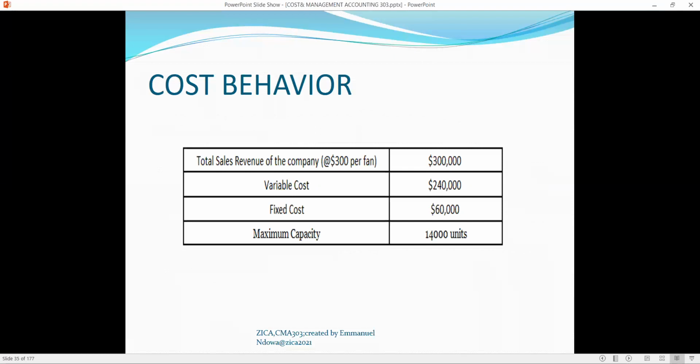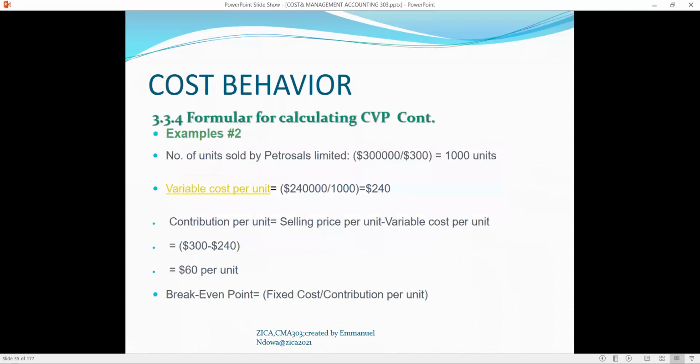When you get that, we then need to divide the fixed cost by the contribution per unit in order to get our break-even point. So we are given the total variable cost, the total fixed cost, and the total revenue.